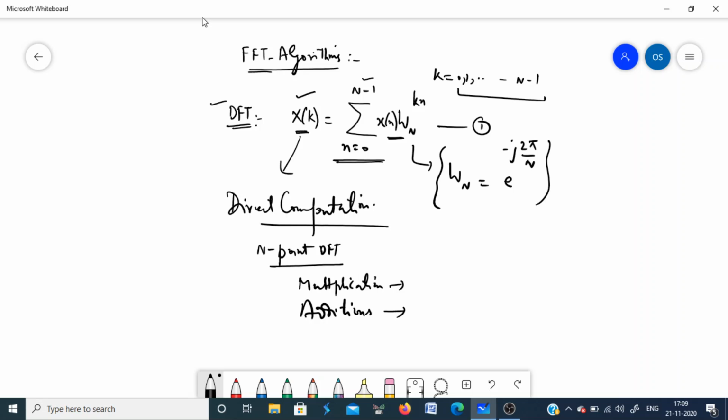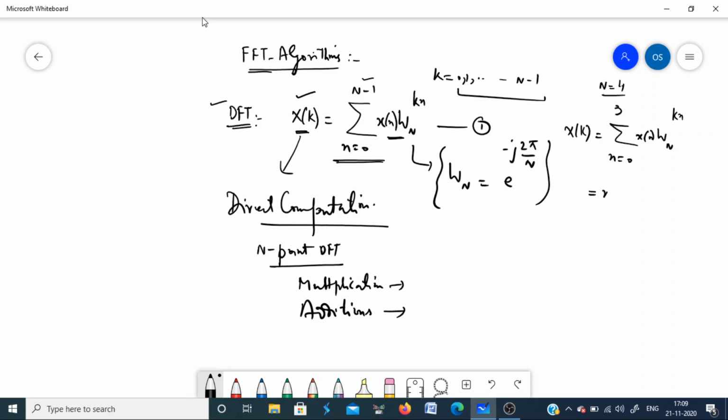N complex multiplications. Okay, like suppose I compute the 4-point DFT of a sequence. I take X(k) equal to the sum over n from 0 to 3, when my N is 4, of x(n) W_N to the power nk.